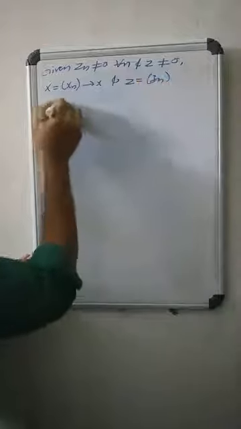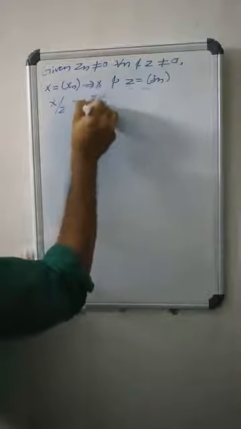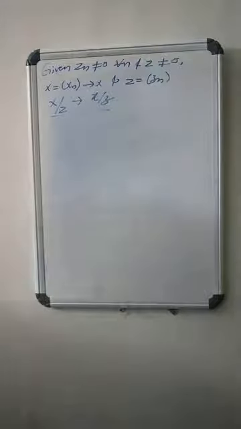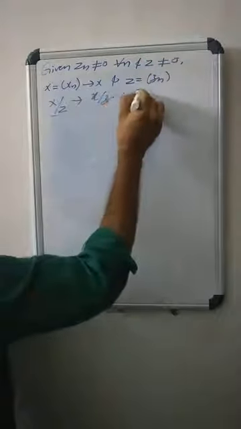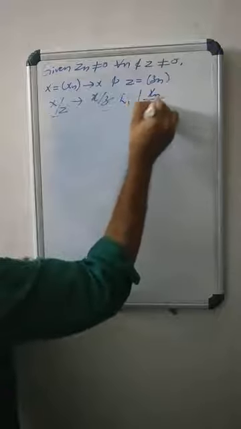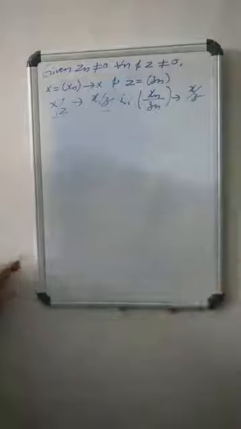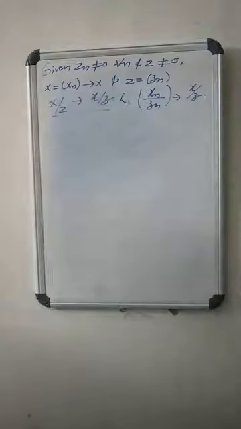Then the quotient sequence x by z converges to x by z. That means the sequence xn by zn converges to x by z.